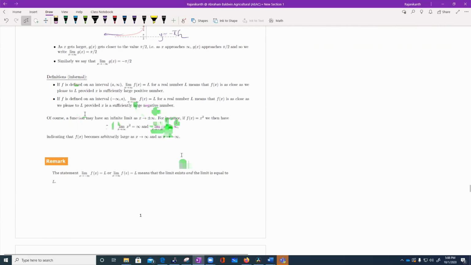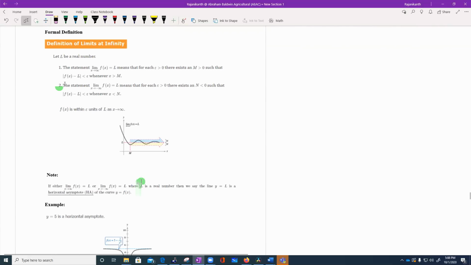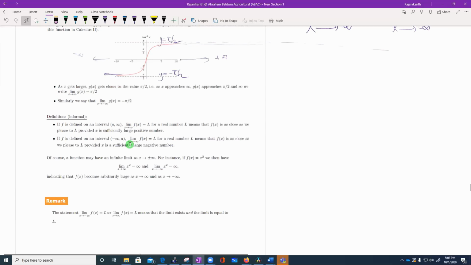But you don't need to think a lot about the formal definition. I have included it somewhere here in the note, but we are not going into detail about this. But anyway, you could think of this formal definition with this picture, just like we had last time. But now, what are we going to do?